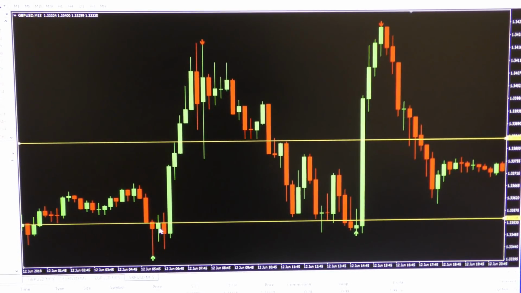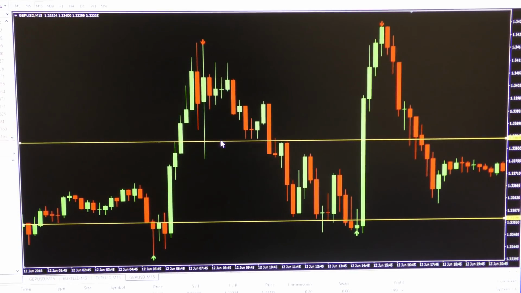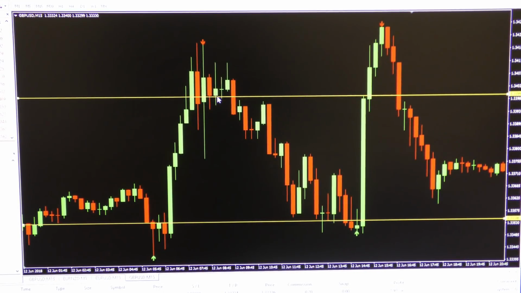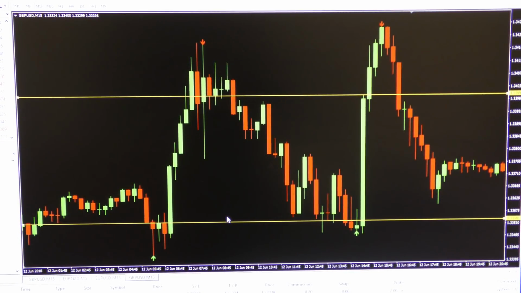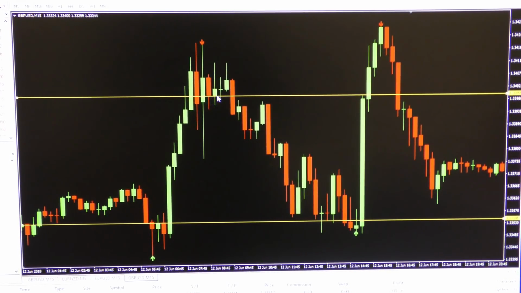So now this is our entry. We buy here and then we exit here. Okay, so this is our profit of 45 pips, plus 45 is equal to 201, and we enter here.